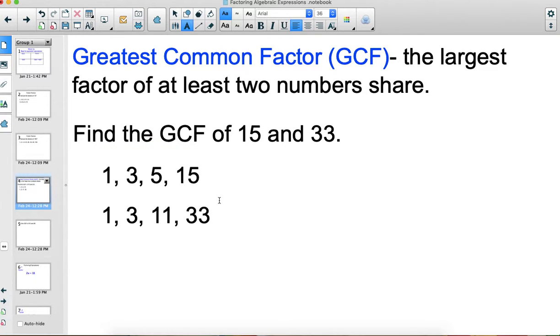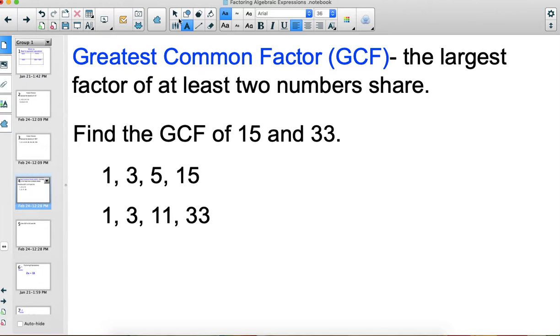All right, so now looking at these, which number is the largest common factor? I'm looking here. 1 and 1 are common. You're really never going to want to use 1. 3 and 3 are common. 15 has 5, but 33 didn't have 5. 15 doesn't match, 33 won't match.